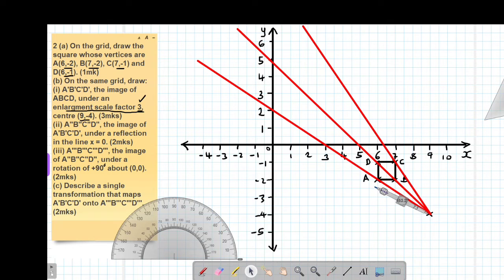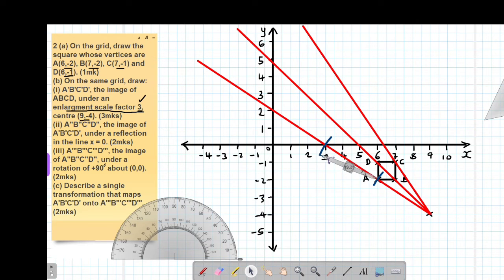And because the scale factor is positive 3, we need to move 3 times. So let me make an arc through point A. So that is the first step, the first time. Then I take the tip of my compass to this particular point A that I've made, and I make another arc.